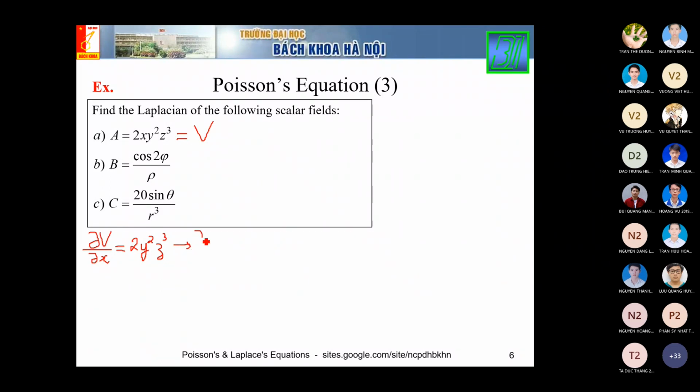From here, I can keep taking the partial derivative because we have to find the second order one. For the second order partial derivative with respect to x, there is no more x in the first result, so the second result must be 0.